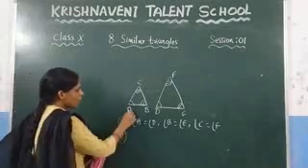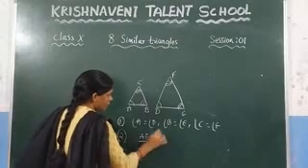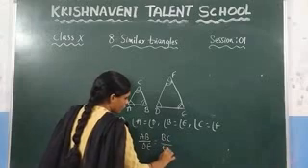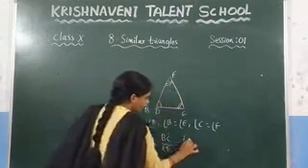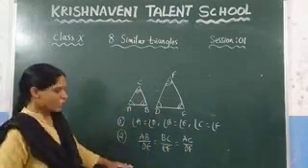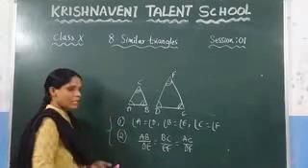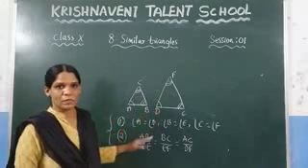That means here AB by DE is equal to BC by EF and is equal to AC by DF. If these are equal, the corresponding side ratios are equal. If these two conditions are satisfied, then only we can say that the given triangles or the given objects are similar.